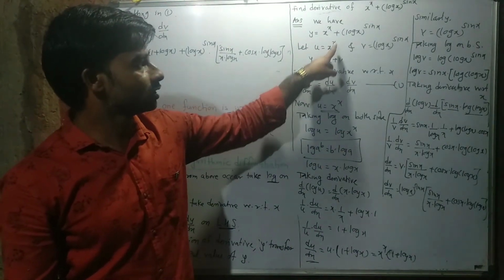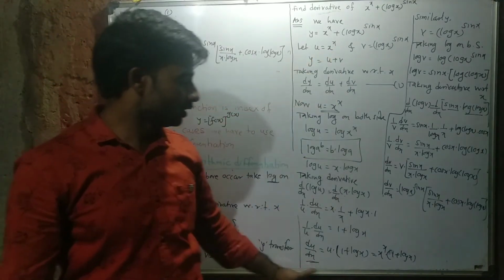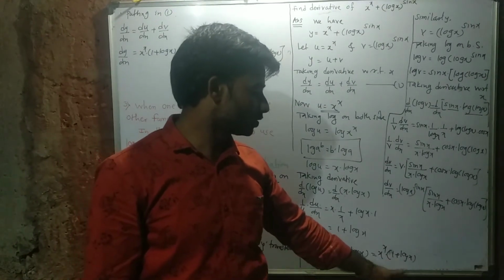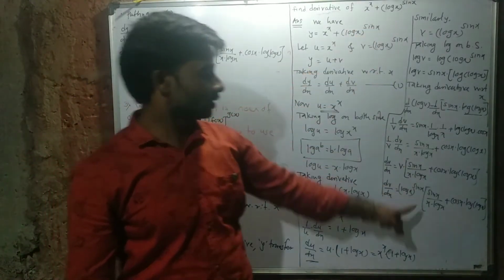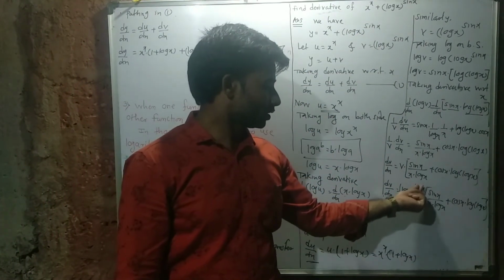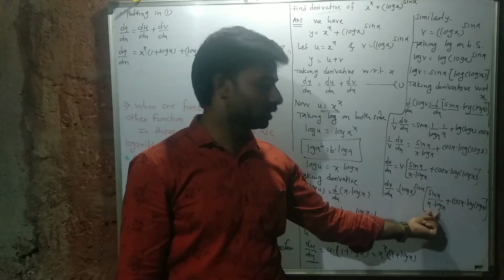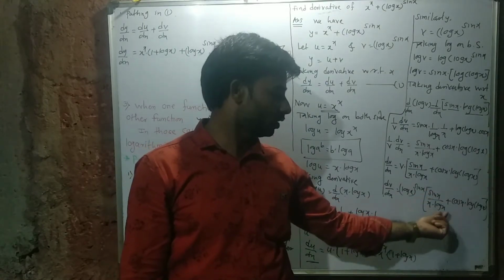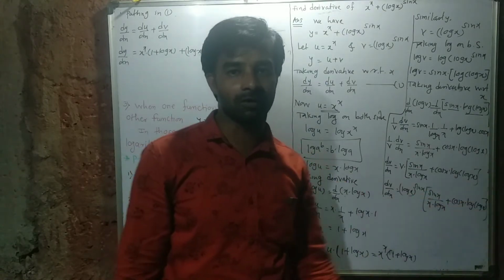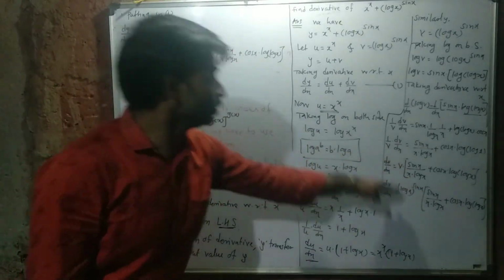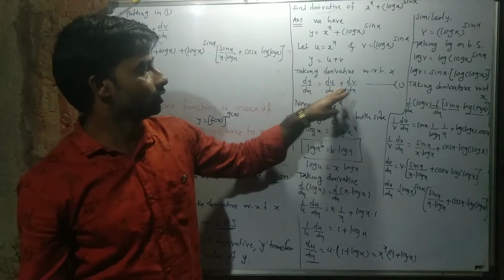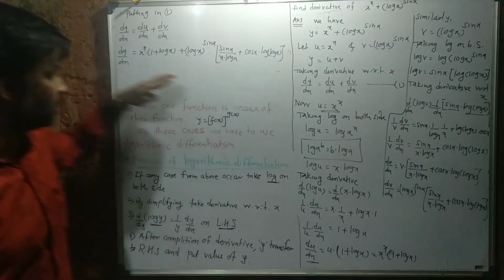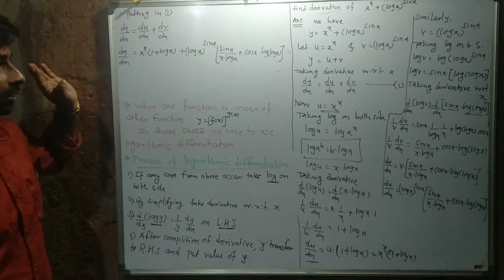The u function is nothing but x raised to x, having the derivative x raised to x into 1 plus log x, and the derivative of log x raised to sin x is log x raised to sin x, inside the bracket sin x divided by x into log x plus cos x into log of log x. By putting those values in dy by dx is equal to du by dx plus dv by dx, you will get the final result.